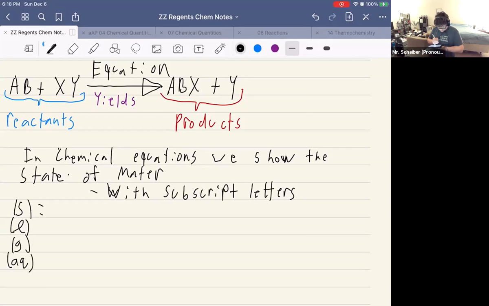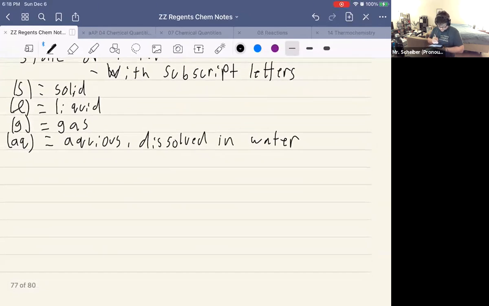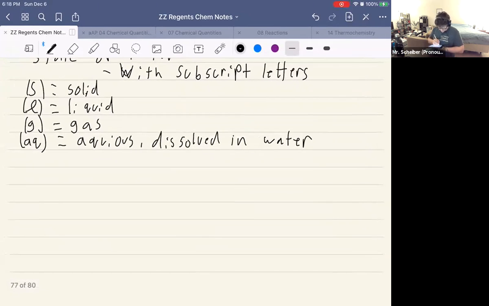And obviously, remember s is for solid, l is for liquid, g is for gas, and aq is for aqueous, aka dissolved in water.